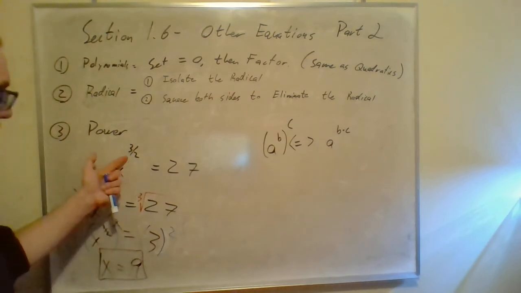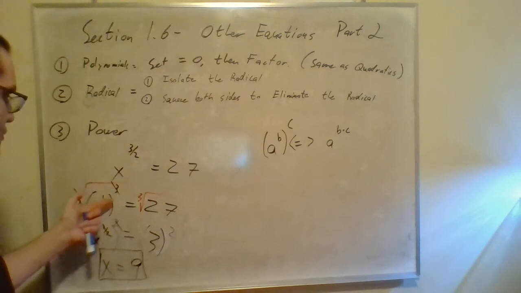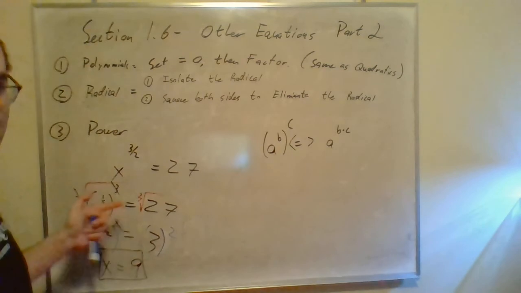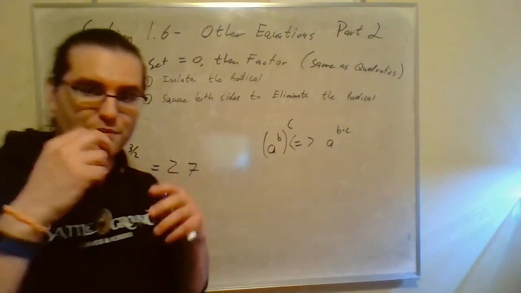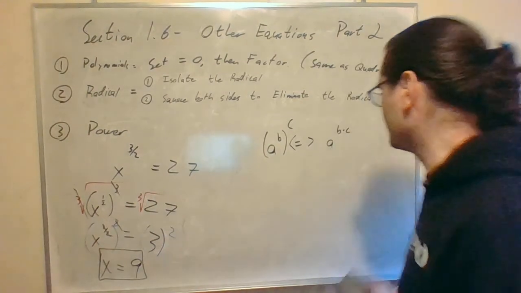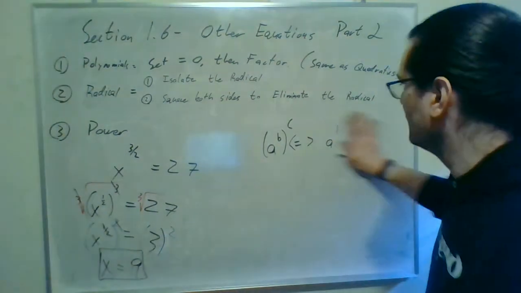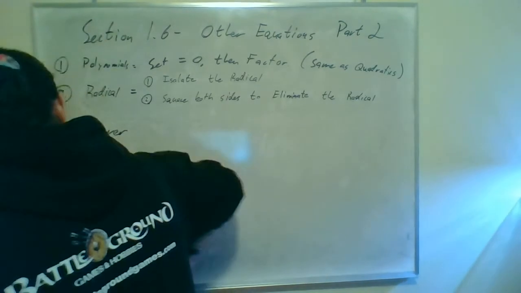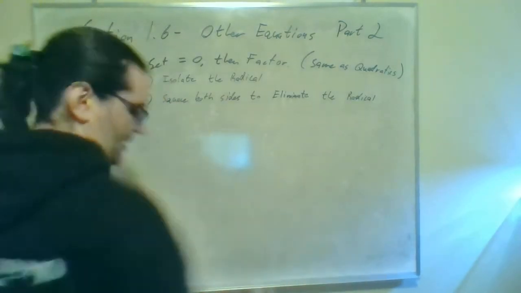You take your power, you break it into two pieces, numerator on the outside, unit fraction on the inside, and you deal with those two pieces separately. I'm going to do another example so we can look at what that looks like. And I'm going to write that down.